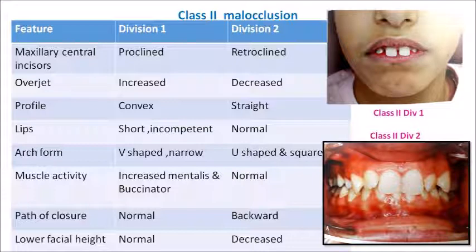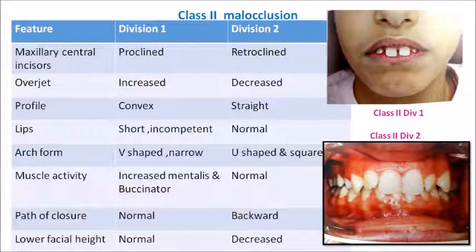As we have already seen, in class 2 division 1 malocclusion the central incisors are proclined. So obviously the overjet will be increased in such cases. Whereas in class 2 division 2, the central incisors are retroclined and hence the overjet will be reduced. The profile will be convex for division 1 malocclusions because the central incisors are proclined and overjet is increased.